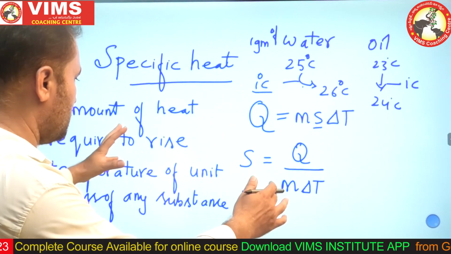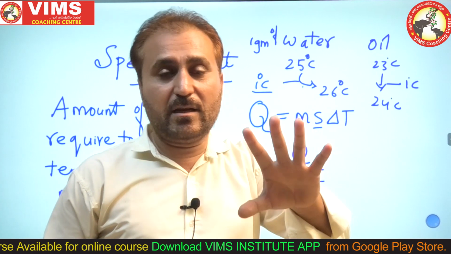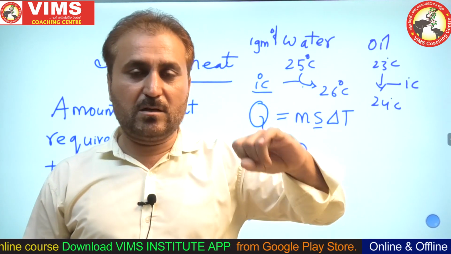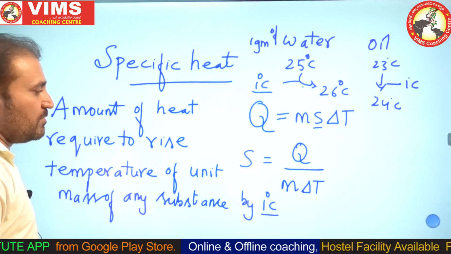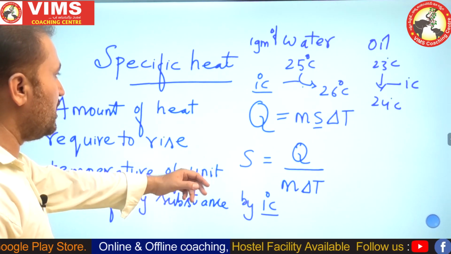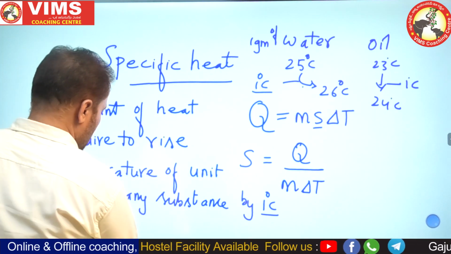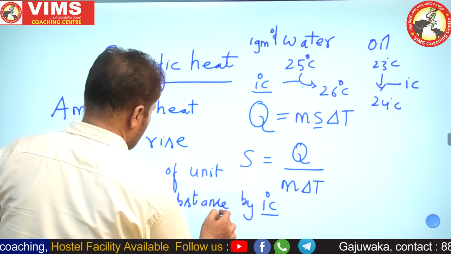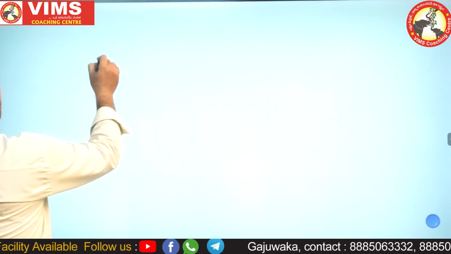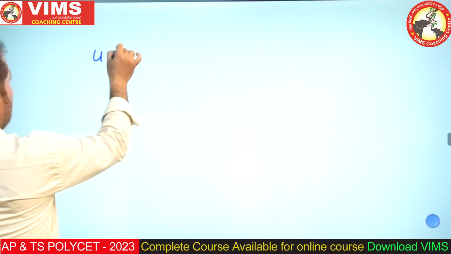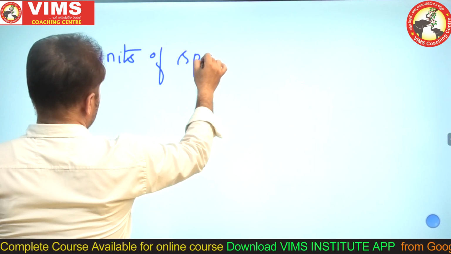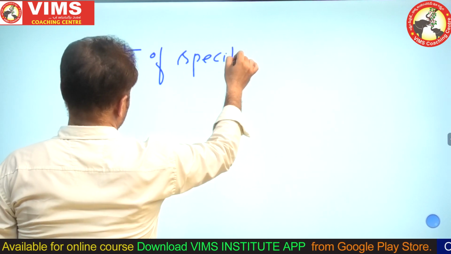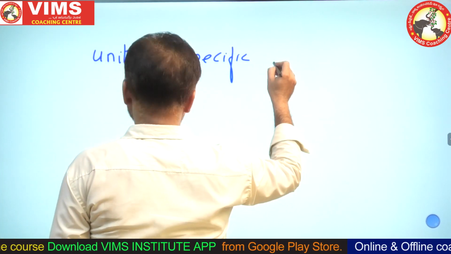Let us see its units. Today we are studying 3 measurable quantities. Heat we measured, temperature we measured, and we also measured what? Specific heat. What is the formula for specific heat? S is equal to Q by M delta T. So let us see the units of specific heat.